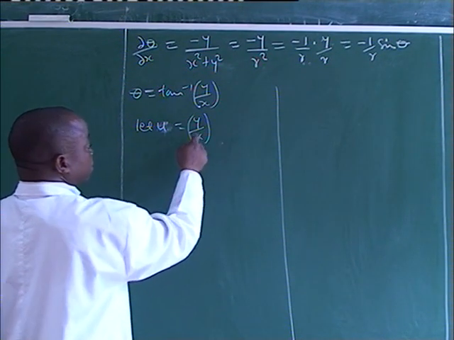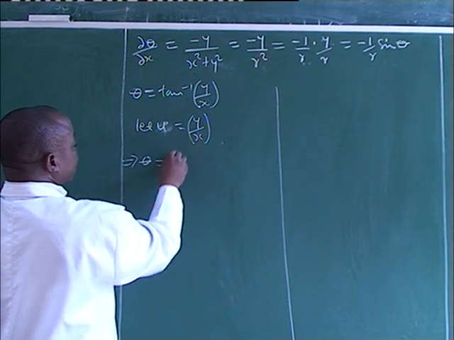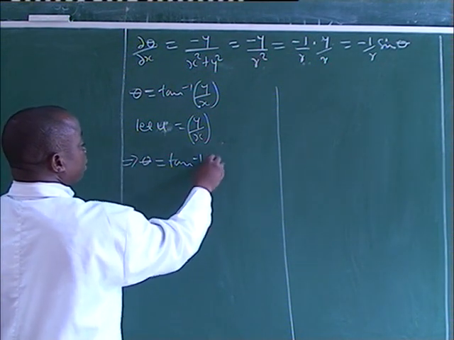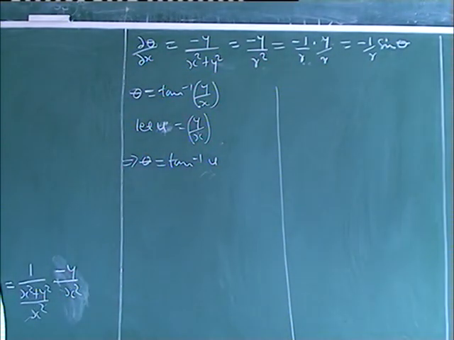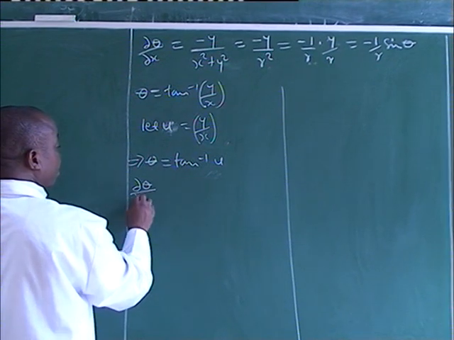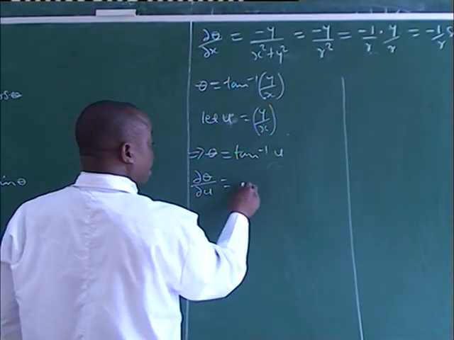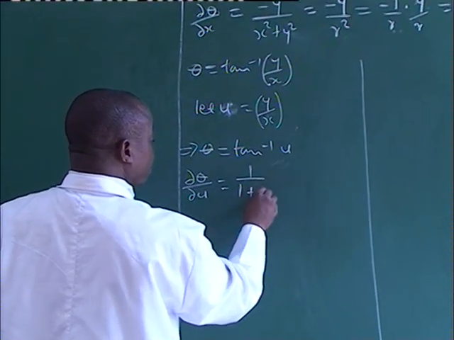So this implies that theta is tan inverse of u. And then partial theta partial u is the same as 1 all over 1 plus u squared.